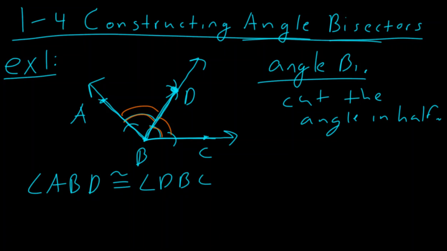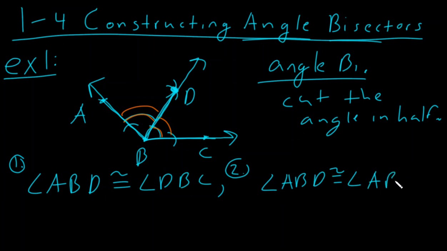Now I want to make an untrue statement. Let me write an untrue statement. This will be our first statement of congruency. Here will be our second statement of congruency. I'm going to write this. Angle ABD is congruent to angle ABC. And I want you to ask yourself, is that true?